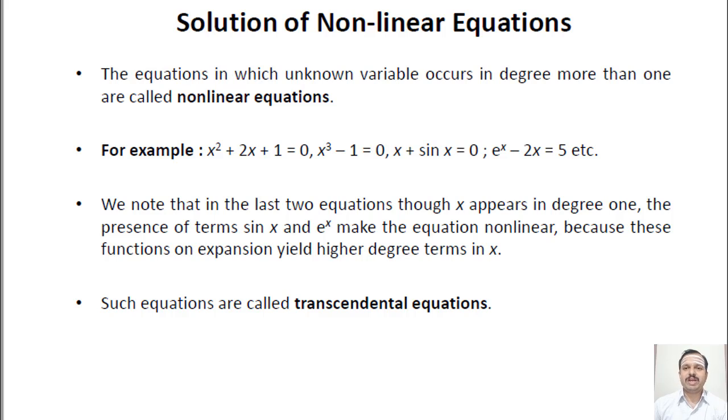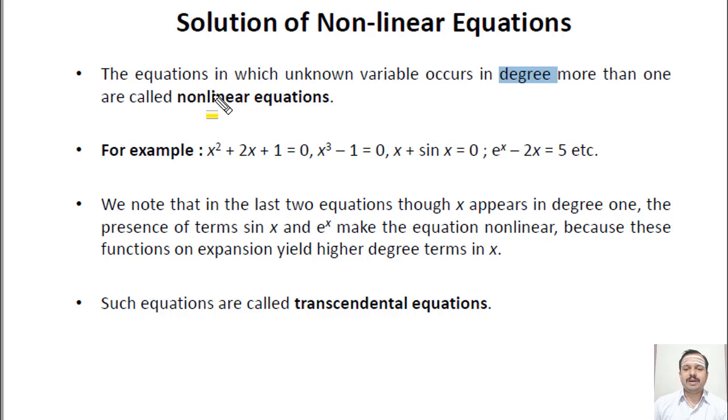That is, an equation of the form ax plus b equal to 0, where a and b are the coefficients and x is the unknown, is called a linear equation. On the other hand, if the equation contains the unknown variable in a higher degree, that is, a degree more than 1, such equations are called nonlinear equations.